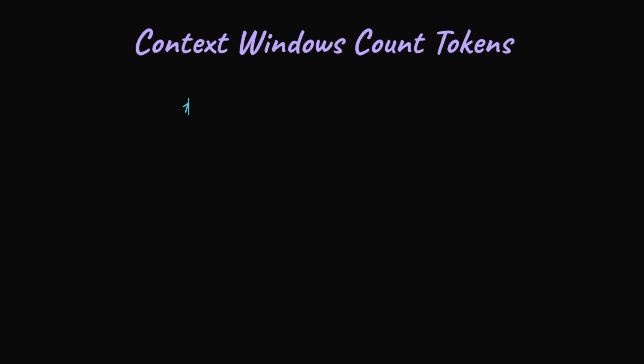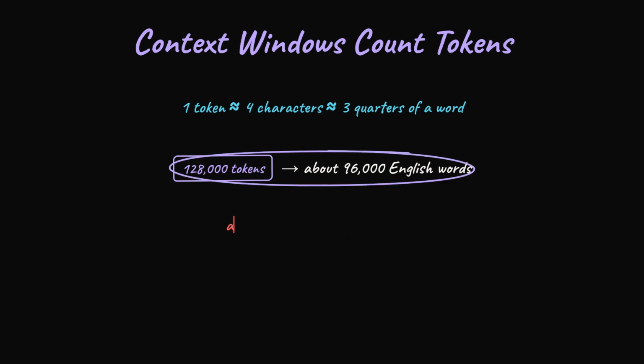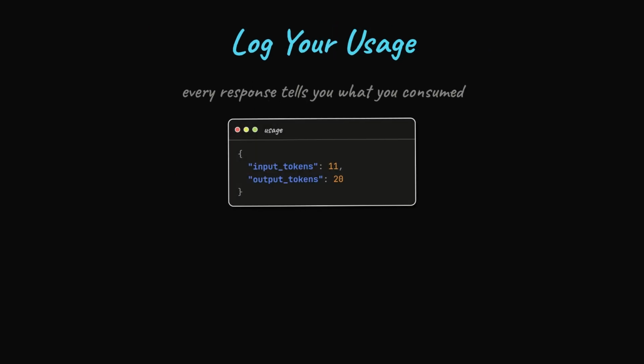Context windows are measured in tokens, not words, and a decent rule of thumb for English is that 1 token is about 4 characters, or 3/4 of a word, so a 128,000 token window holds roughly 96,000 English words, and a lot less in other languages. Every API response includes a usage object showing exactly what you consumed, and if you're building anything serious, log that number, because token waste is invisible until you look for it.